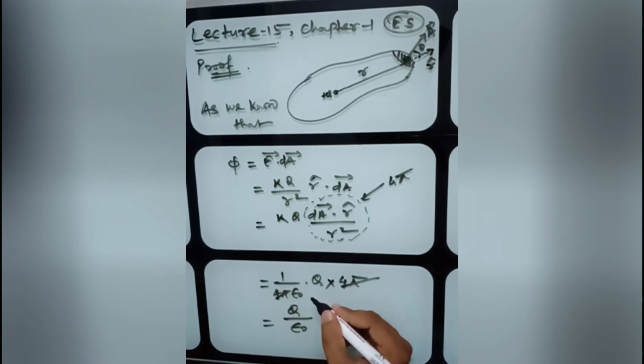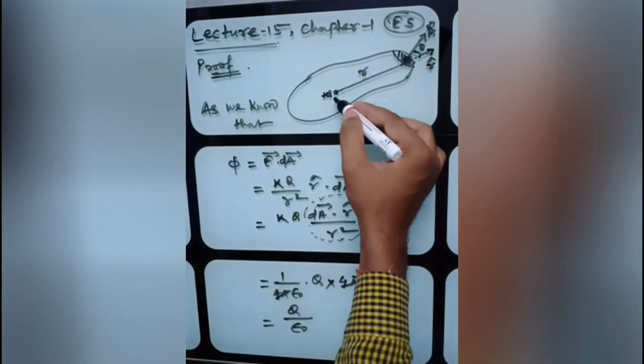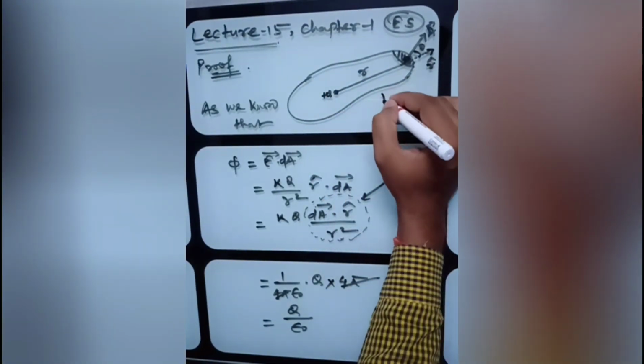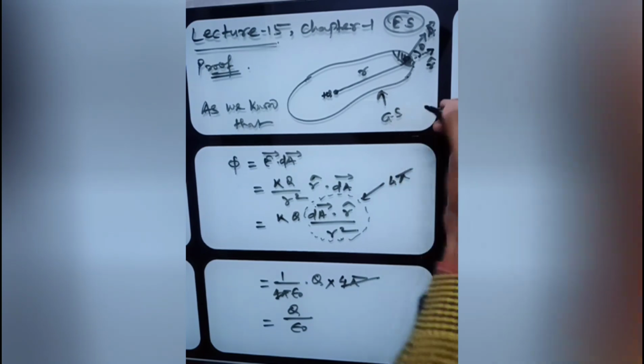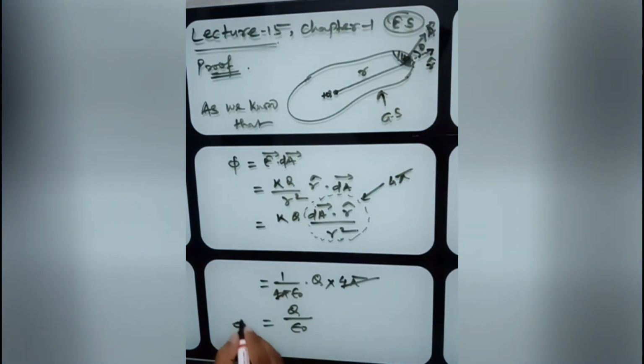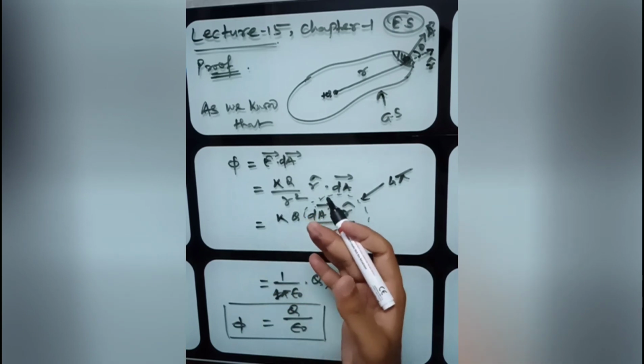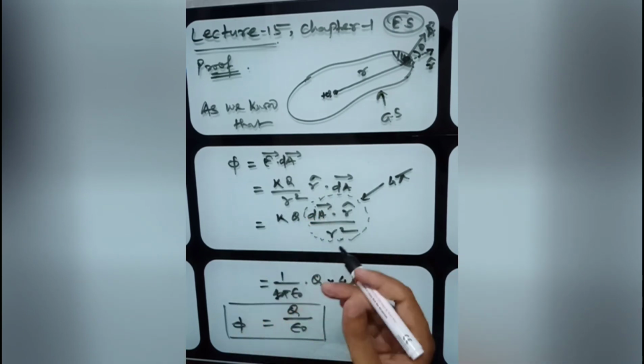This q is nothing but the total charge enclosed within this surface, and this surface is the Gaussian surface, student. So the net flux phi equals q by epsilon naught. Actually, this was the Gauss law. So we have mathematically represented the Gauss law.